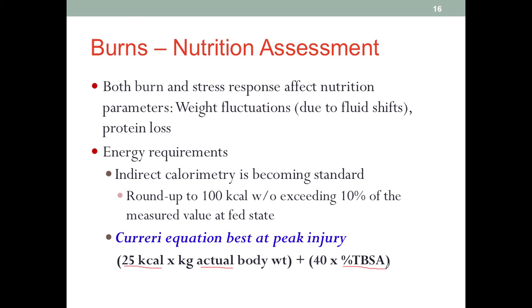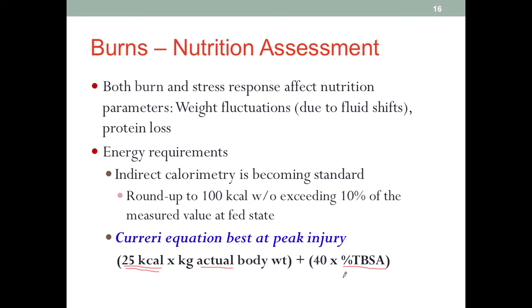So the TBSA is total body surface area. So looking again at these two components of the equation, in this first one, this is what we would basically need to maintain the needs. So 25 calories, that's not a huge allowance.